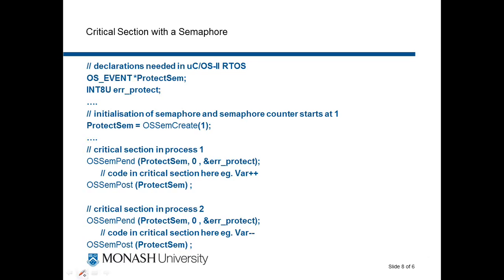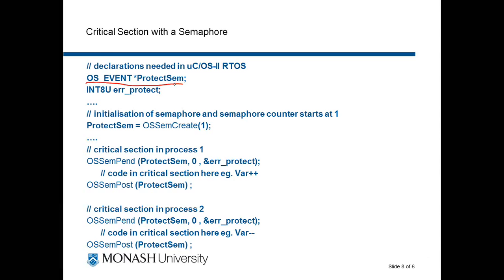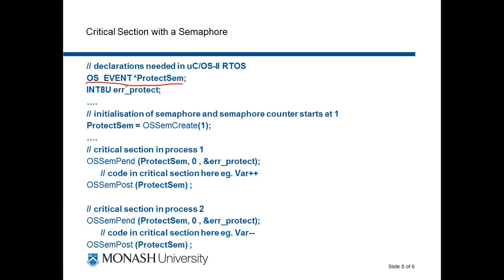Okay, first off, what we have to define is the semaphore for the operating system. So I'm having a pointer to this OS event thing, which is my semaphore. Why is it a pointer? Well, because it's not just the counter value, it also holds the queue of blocked processes. So that's what's held in this OS event.